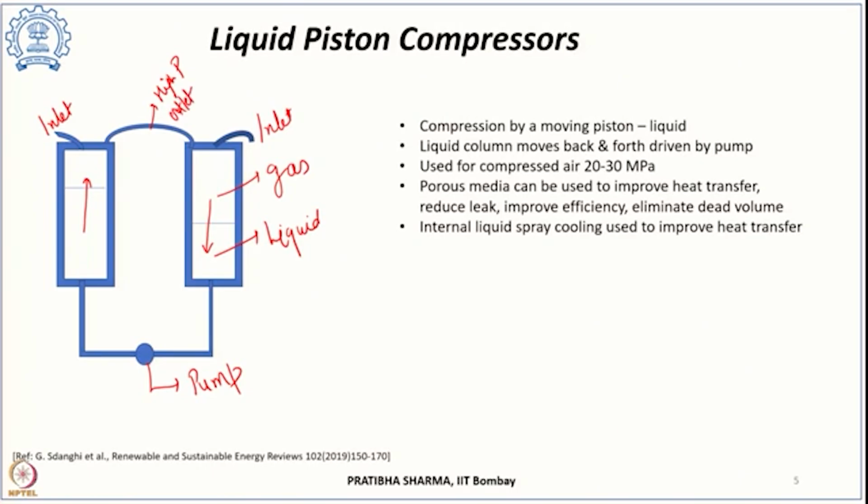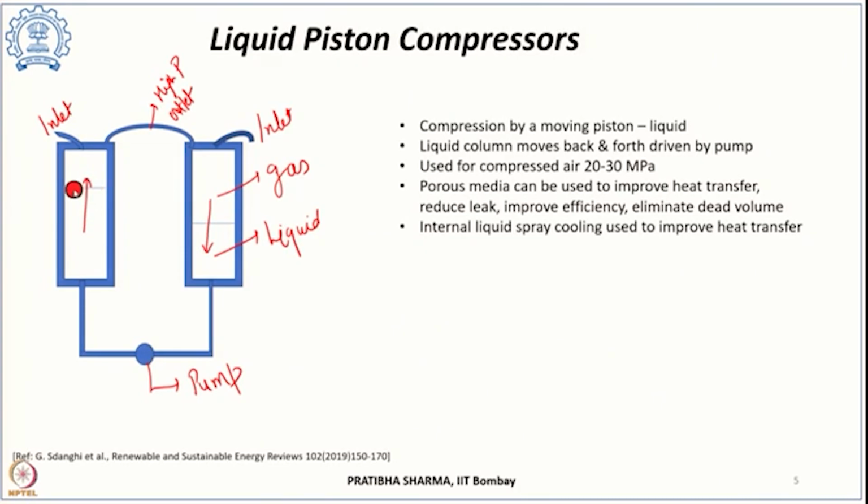So, in this type of liquid piston compressor, the compression is achieved by a moving piston, and this piston is not a physical piston, it is the interface between the gas and the liquid. So, the liquid column acts as a piston and moves back and forth so as to achieve compression and expansion in the whole process.